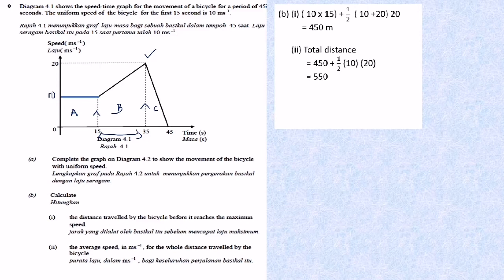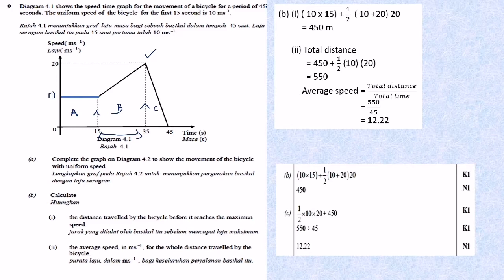The formula for average speed is total distance over total time. So it equals 550 divided by 45 seconds, which equals 12.22 meters per second. Again, we check how we get the marks.